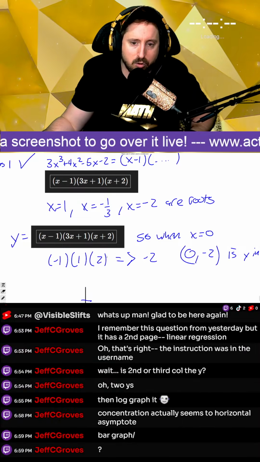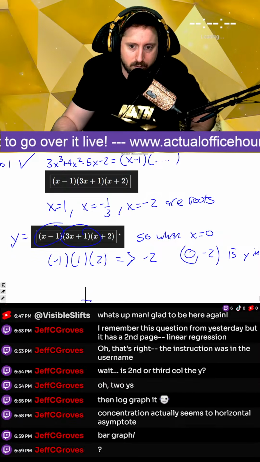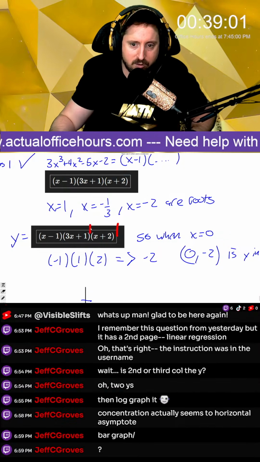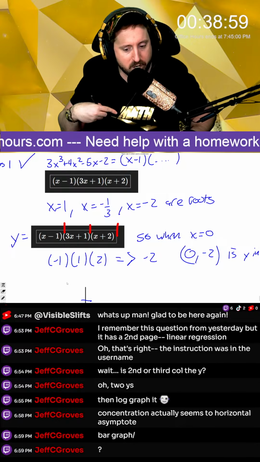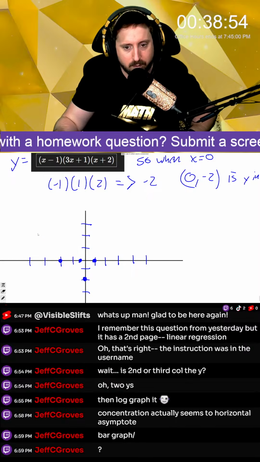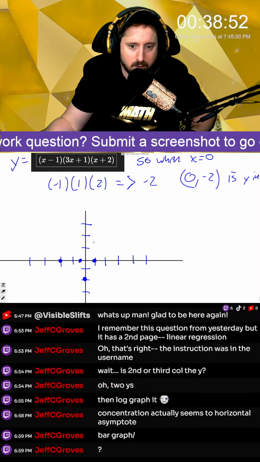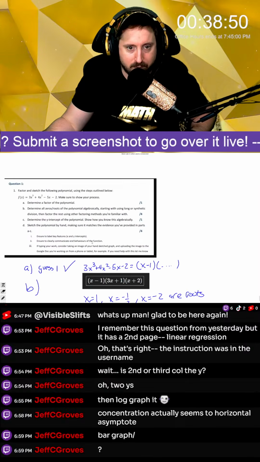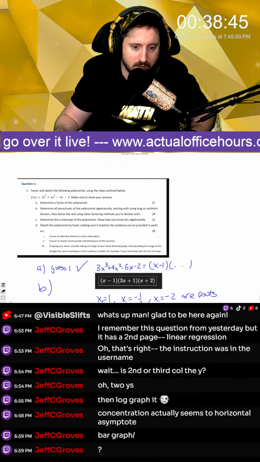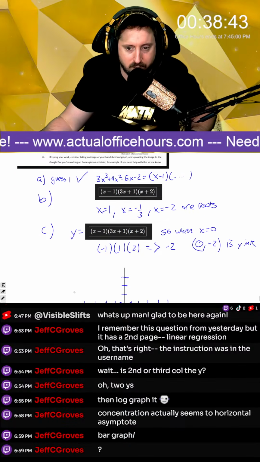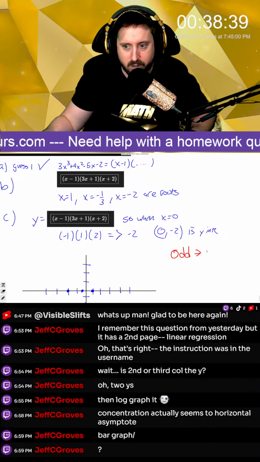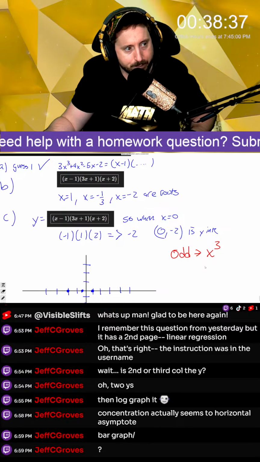And then because the multiplicity of all these factors is 1, you see everything's to the 1 power, that means it's always going to cross. So we're not going to get any bouncing. Things are going to cross. So I like to look at the end behavior of this. Because this is an odd function, that's always a key thing to determine, whether it's even or odd. So this is odd because x to the third is your highest power.